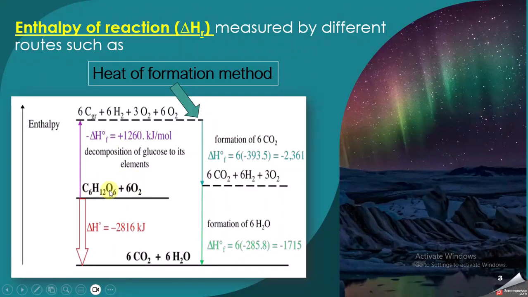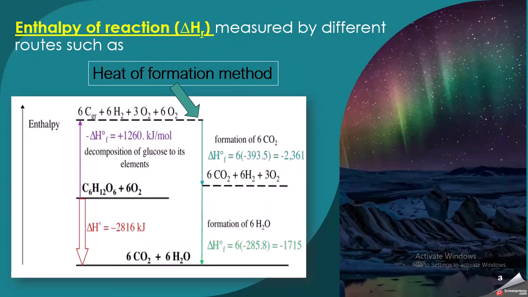So the heat of formation of the glucose and oxygen is determined, and then the heat of formation of the products is determined, that is the carbon dioxide. Here you can see the energy is going down because the heat of formation for carbon dioxide is negative. Then the heat of formation of the water is determined, and again you can see this green arrow downward, which shows the negative energy of the formation of water.